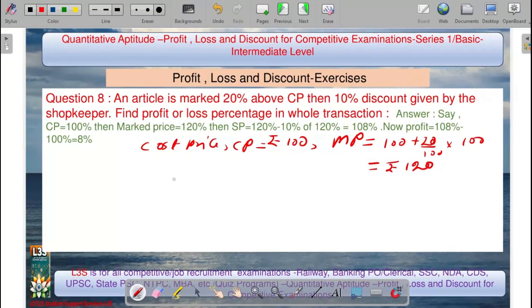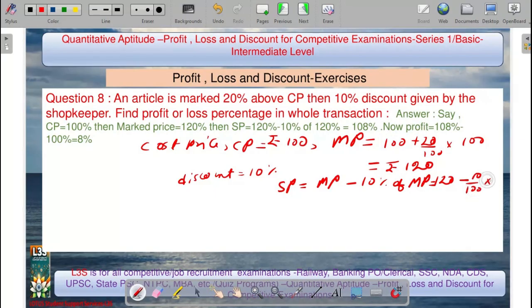Now the discount given is 10%. So what will be the sell price? That will be MP minus 10% of MP. That is 120 minus 10 by 100 into 120, which is equal to 120 minus 12.